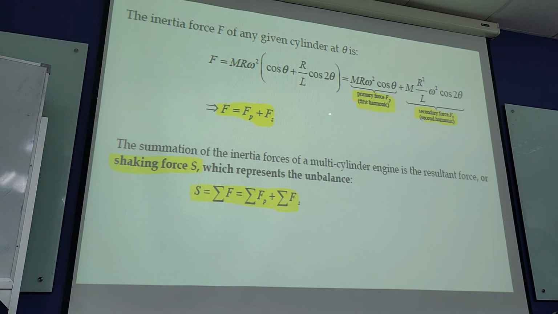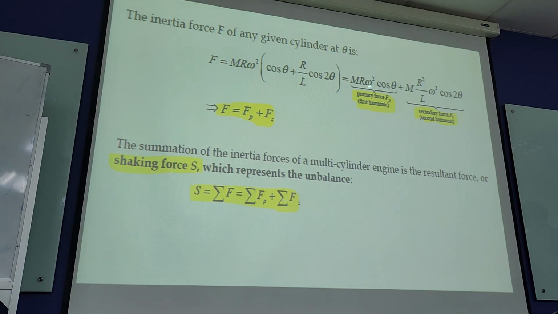The inertial force you can write as m r omega square into cosine theta plus r by l into cosine 2 theta. This equation you must have derived in engineering dynamics, in your second assignment on the slider crank.